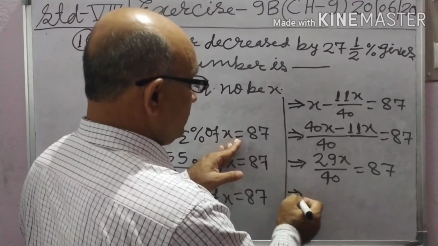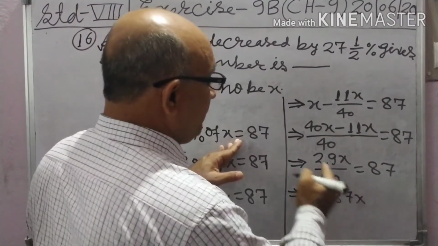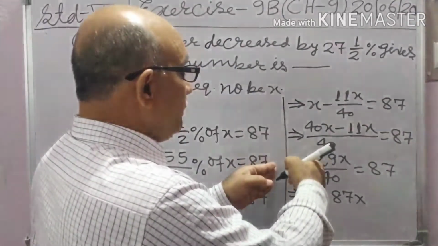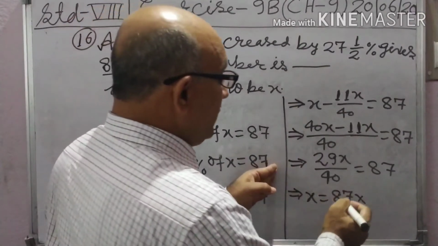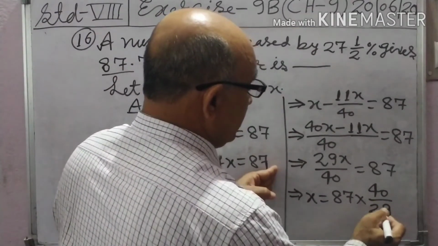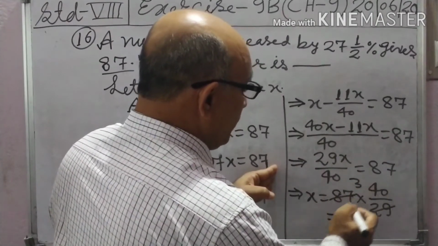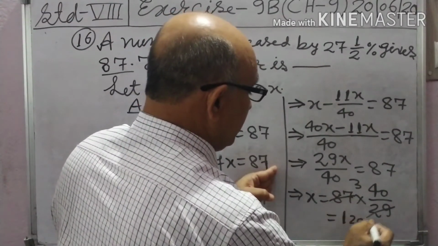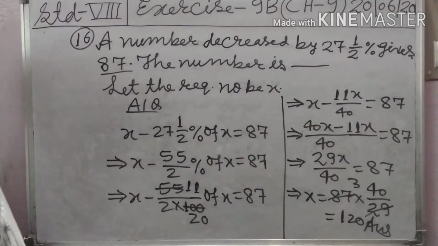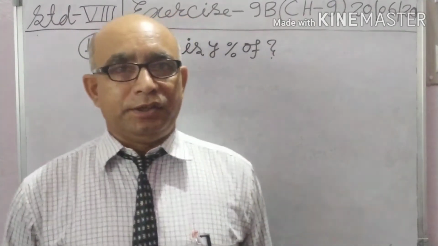Now x equal to 87 multiply 29 by 40, by transposition, 29 by 40 changes into 40 by 29. So 29 3s are 87. Now 40 3s are 120 will be the answer of this question. Write it. Students, next question is question number 19.